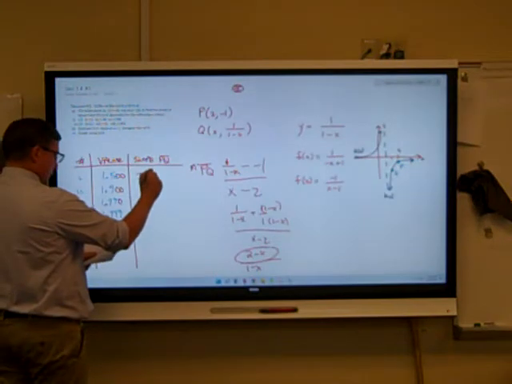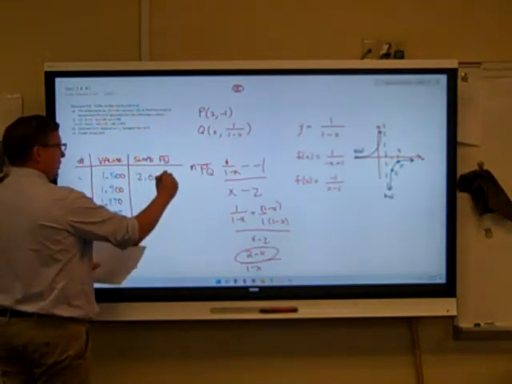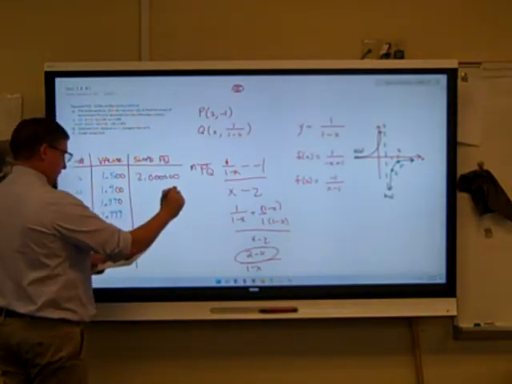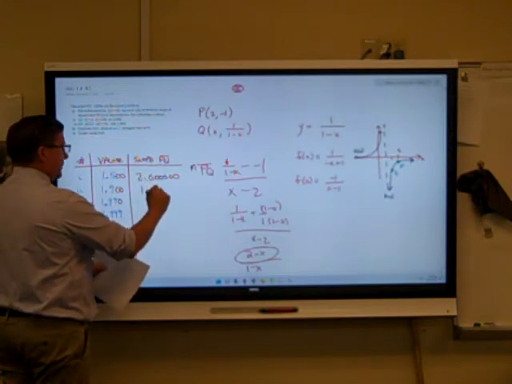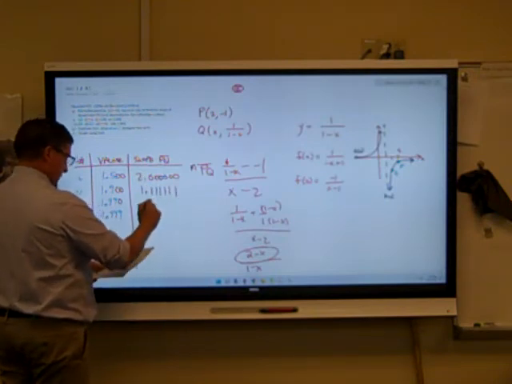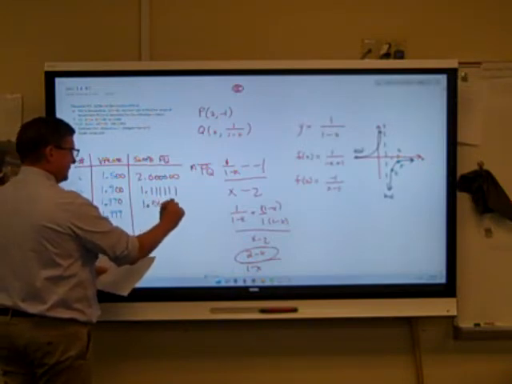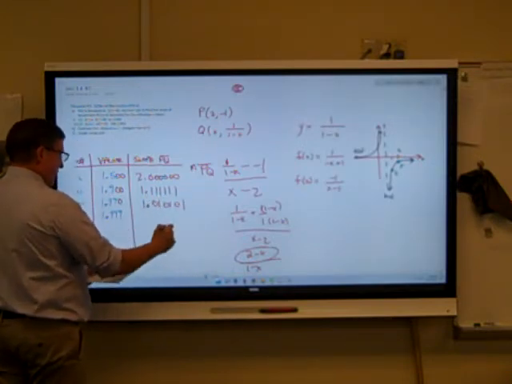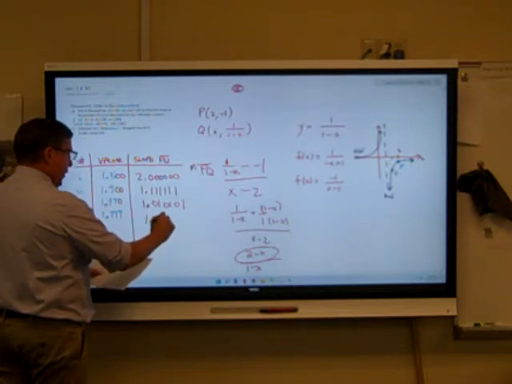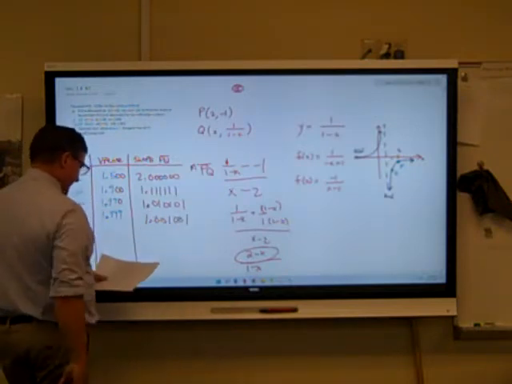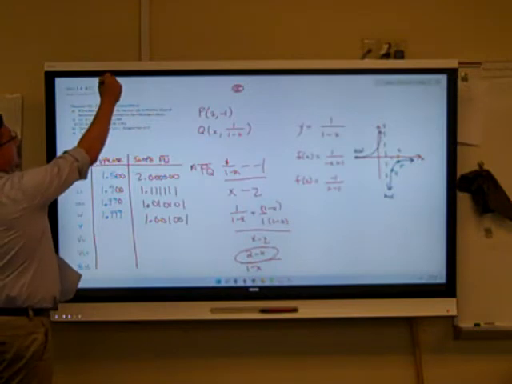So this was 2.0s, this was 1.1, this was 1.01 repeating, this was 1.001 repeating.